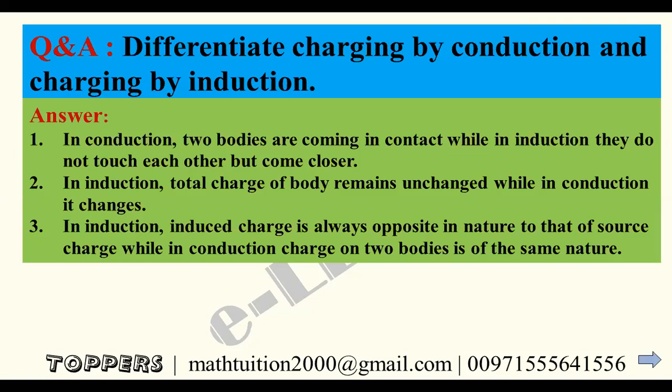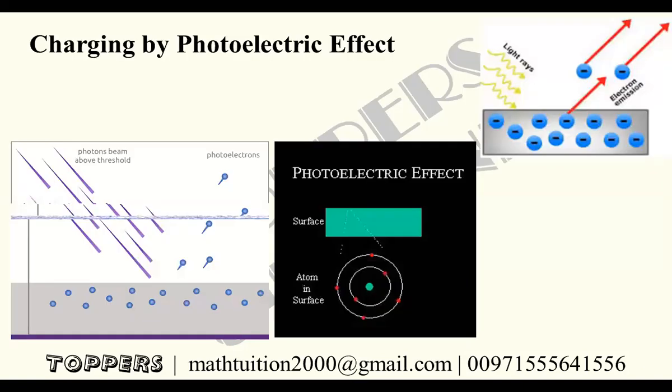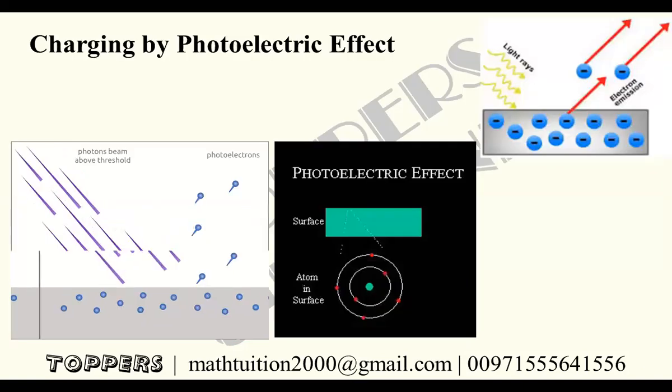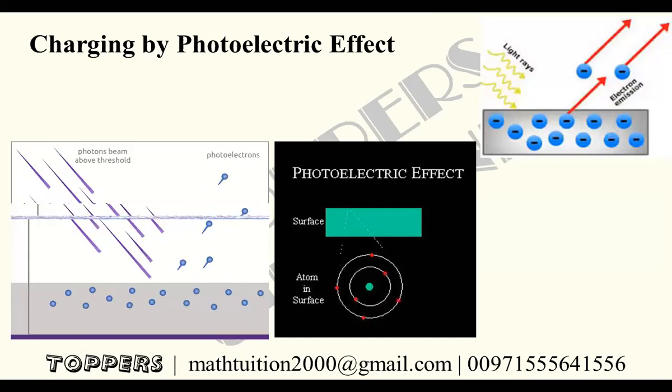So in conduction, the neutral body gets the same charge, but in induction, the neutral body gets the opposite charge. So these are the main three differences in conduction and induction. Okay. Now, I told you there are three more ways of charging a body. So let us make a brief on that.